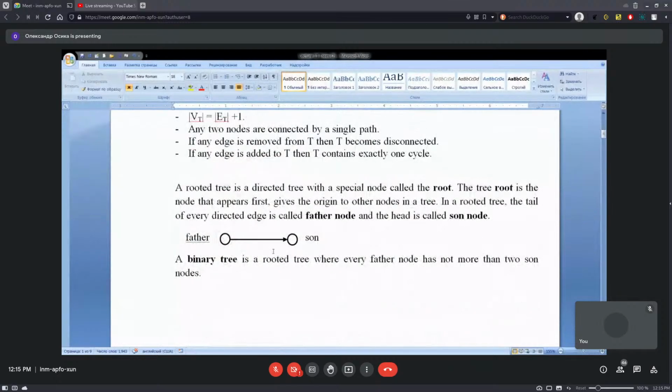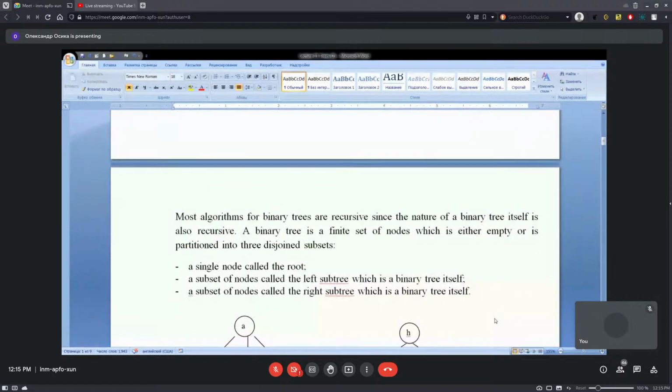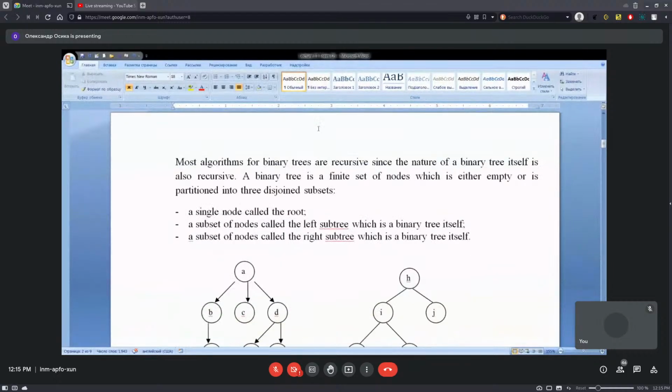But if every father node has not more than two sons, then one son is called the left son, and another son is called the right son. Most algorithms for binary trees are recursive.